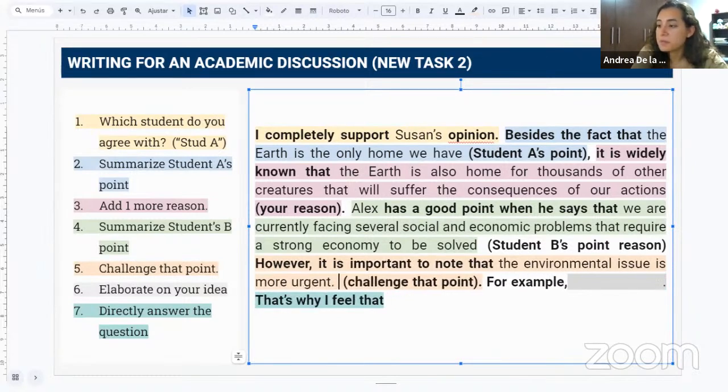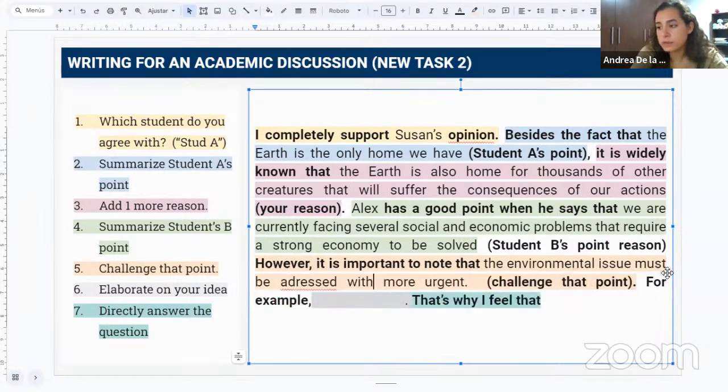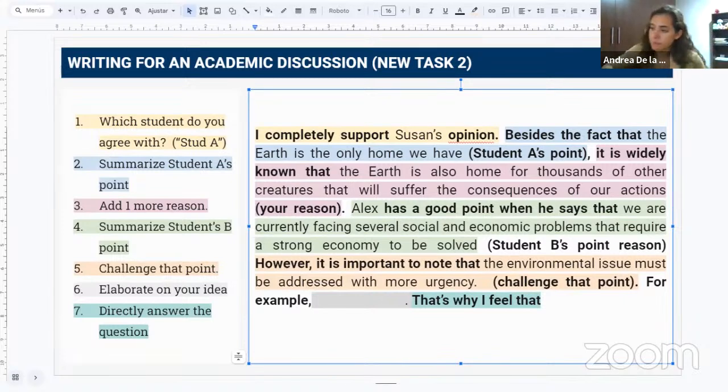Sí es verdad que tenemos otros problemas, pero el problema medioambiental es más urgente, is more urgent. Let's say, requires more urgent action. No quiero repetir requires, maybe we can say the environmental issue must be addressed with urgency, with more urgency maybe. Or sooner, I don't know, must be addressed with more urgency.